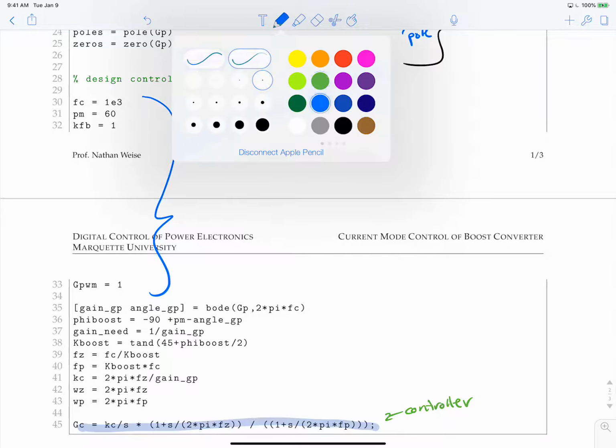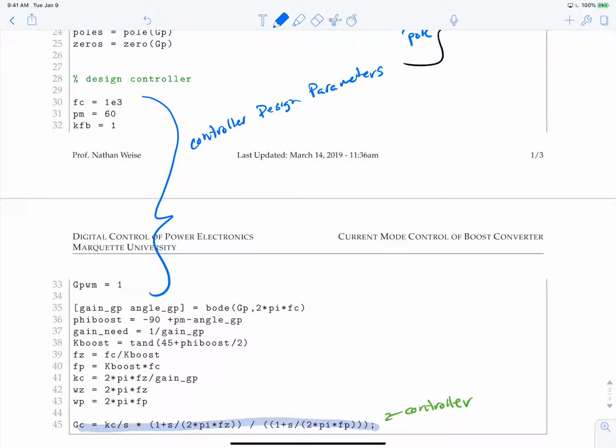And all the work to design this is similar to the buck converter design, where we're using the K-factor approach. So once we have selected our control design parameters, essentially we need to find where the pole and the zero are, and we do that by getting the gain and the phase of the transfer function at the crossover frequency, which is line 35.